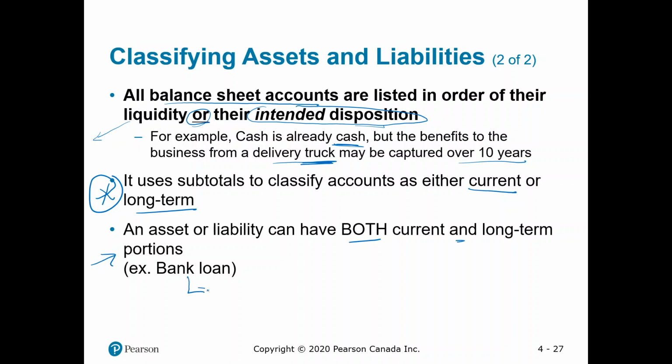So a bank loan, for example, if you make monthly payments on the loan, the amount that you would pay in this current period, so the next 12 months, that would be your current portion of the bank loan. But anything that remains to be paid in future years, that's the long-term portion. So we'll see that when we look at an example.